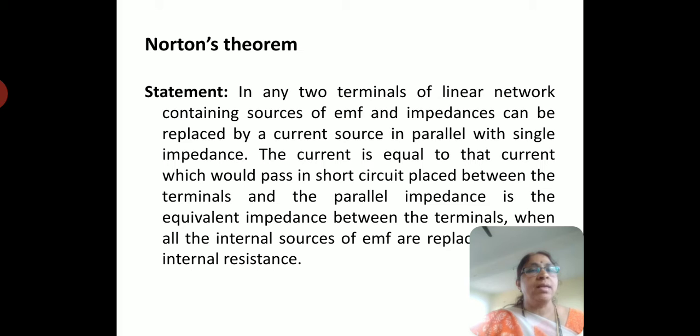Norton's current is found at the output terminals by removing the load and connecting them to a short. In case of Norton's resistance, we remove the voltage or current sources if the circuit has any, and find the output resistance at the output terminals.